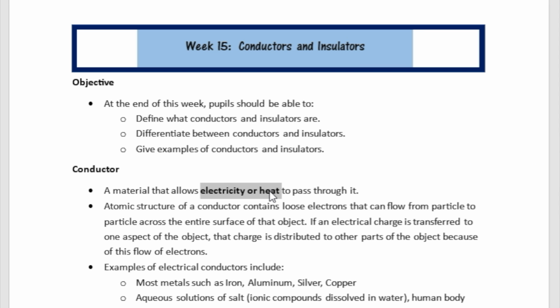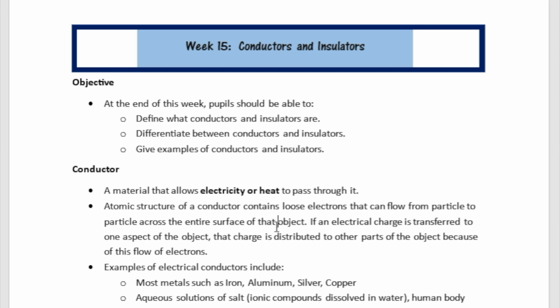And a quick way to know what a conductor is: if you put your kettle on a stove, and you turn on the stove and touch the kettle, because the kettle is metal, heat is going to pass through that kettle. You touch the handle of the kettle, if the handle is metal, it is going to start becoming warm as well.